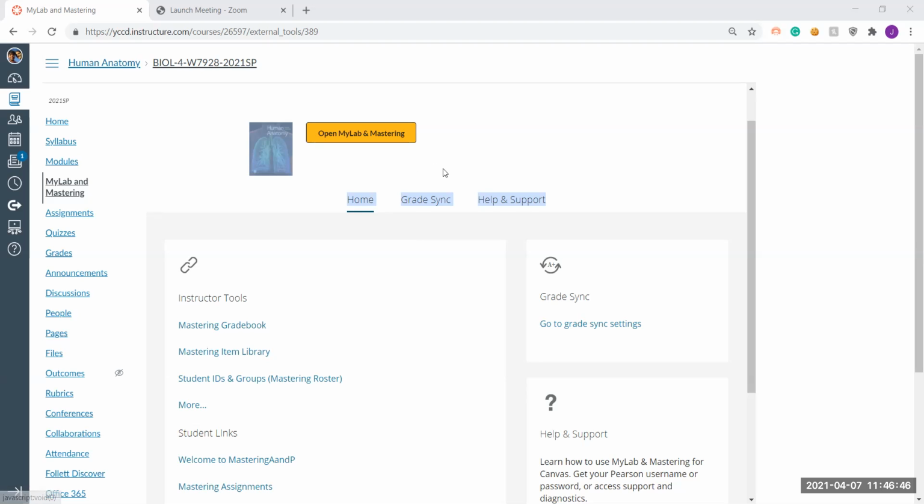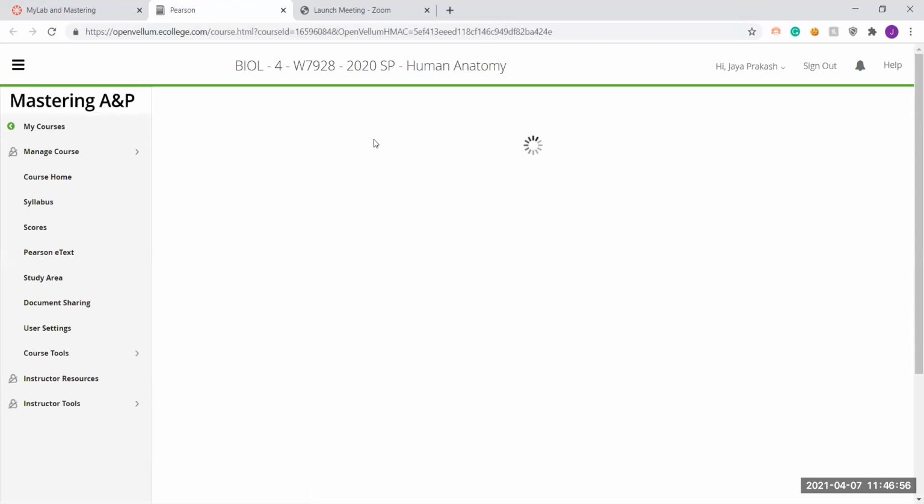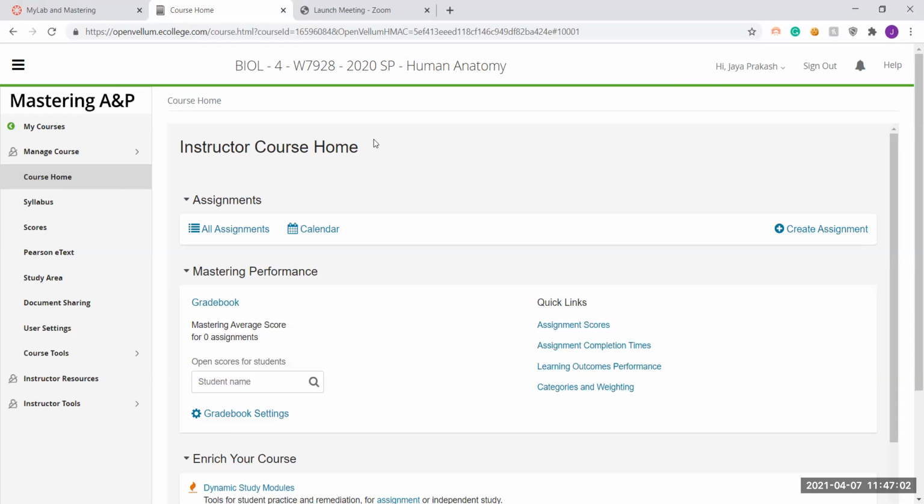So to go over the lab, as usual, we will go over Open My Lab and Mastery. And I will go over the 3D models in the special senses and the histology of the special senses.